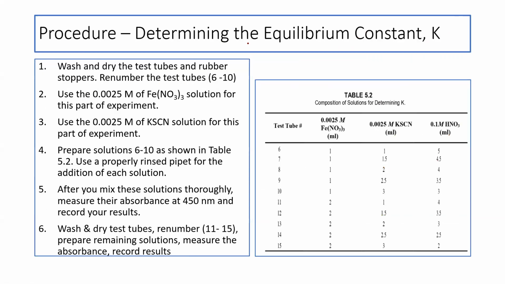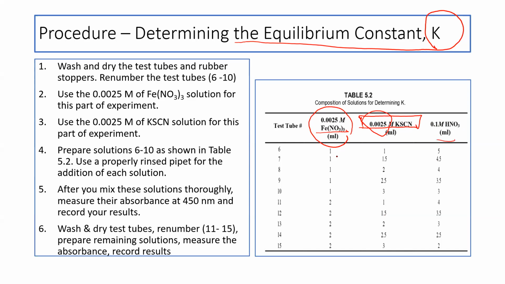Now we will work on another part of our experiment, preparation of solutions to determine the equilibrium constant. It's another table, and it tells us that we have to use 0.0025 molar solution of iron nitrate, potassium thiocyanate with the same concentration, and 0.1 molar solution of nitric acid.